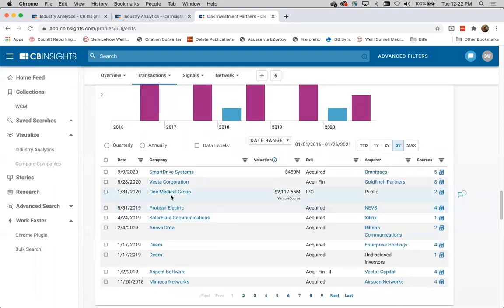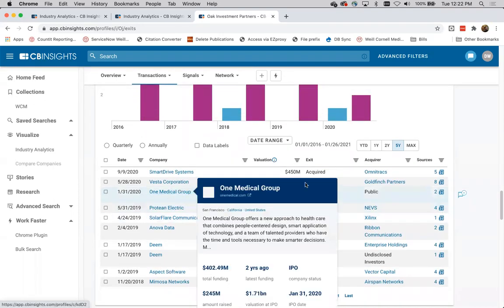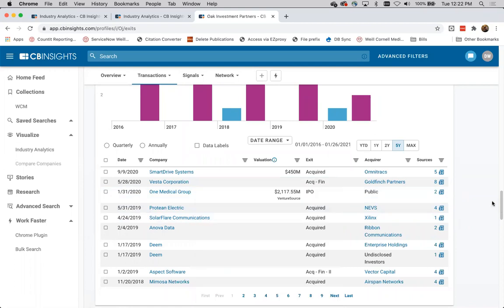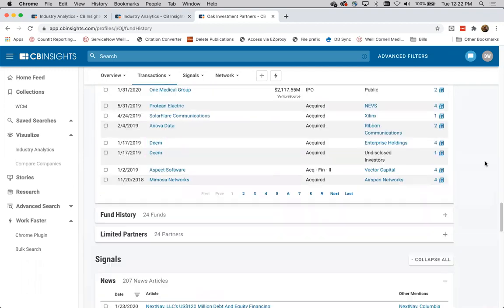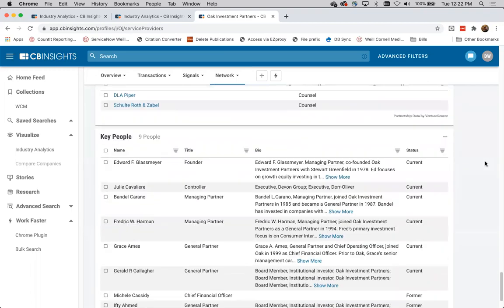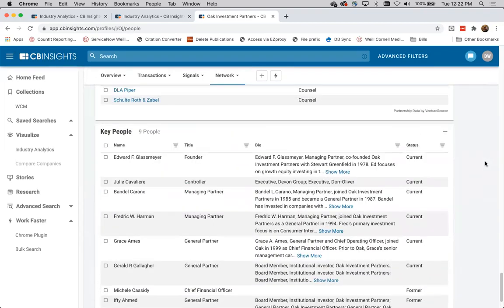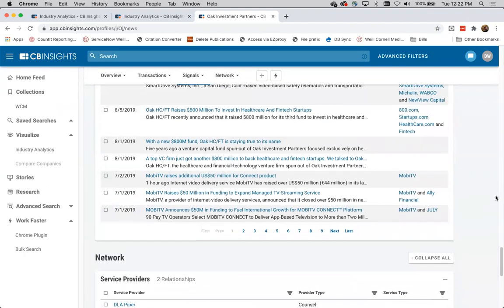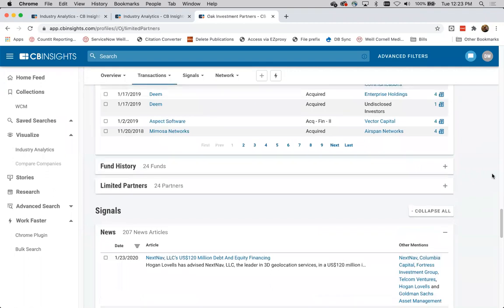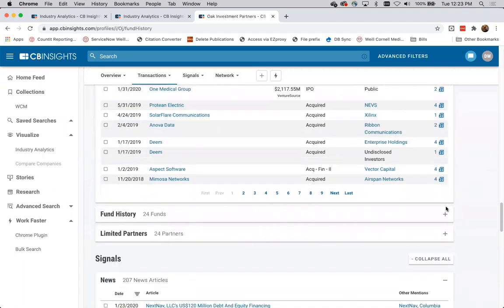So a company like One Medical that they worked with, fairly well known, worked with until they were an IPO, but everything else seems to have been acquired. And again, the same information is available: key people, who their service providers are, who their counsel is, news articles, things like that.